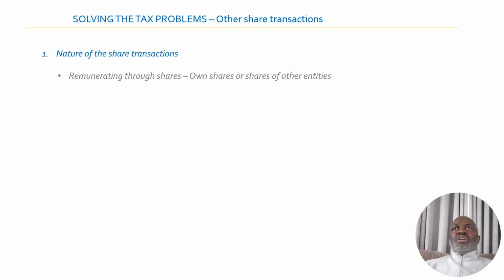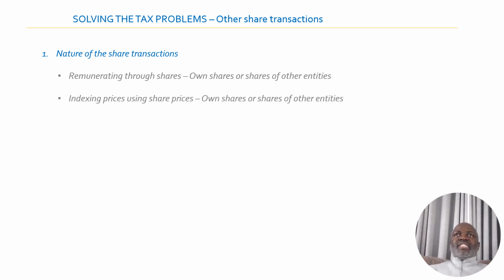Either way, on the part of the employer, there is an employment cost and it is deductible, it is remuneration. On the part of the employee, it is gross income. And the discussion there will be around the amount, how much. So the acceptable value of the shares will be what the candidate will be discussing there.